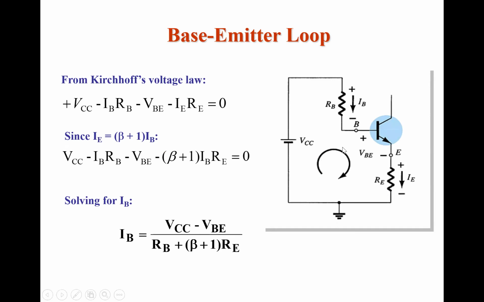Particularly, we are going to draw an equivalent circuit for the input side. Apply the Kirchhoff voltage law for the input loop, which is VCC minus IBRB minus VBE minus IERE equal to 0.